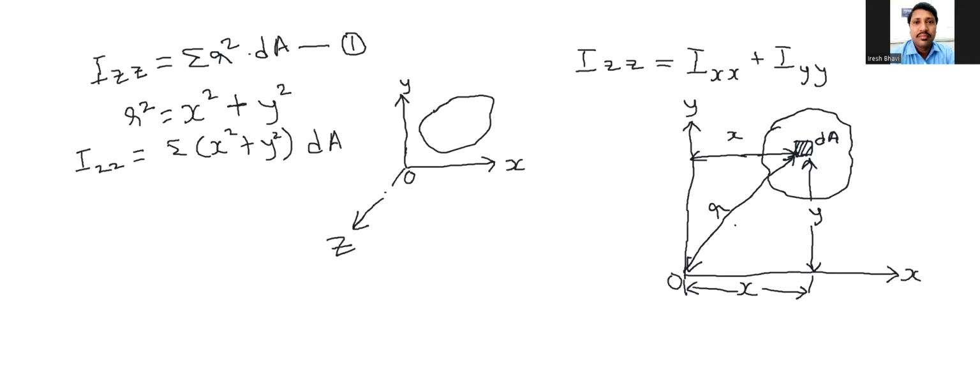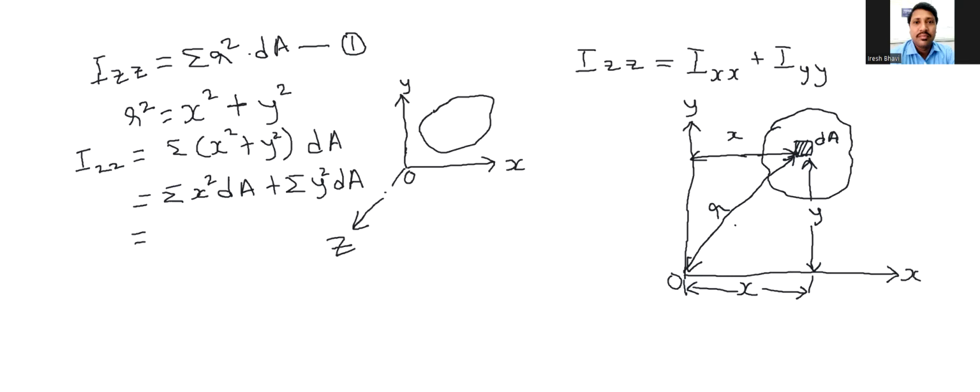Now let us multiply dA with both x square and y square. Then we get summation of x square dA plus summation of y square dA.